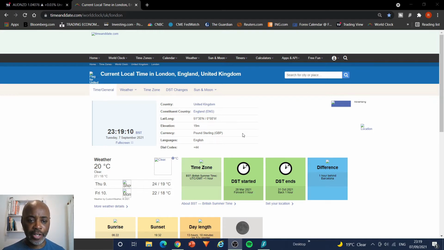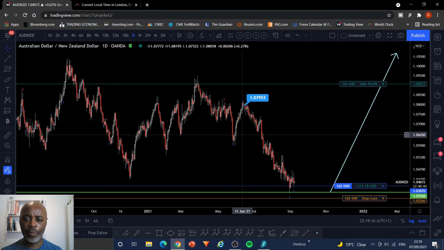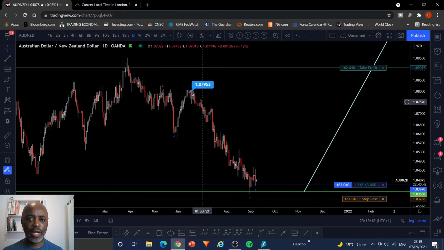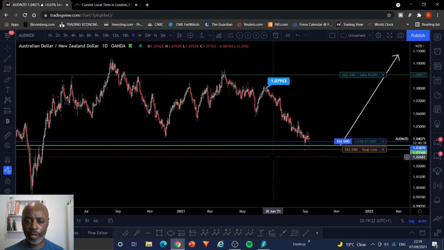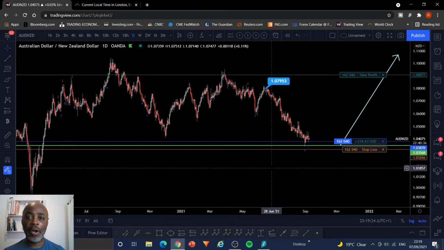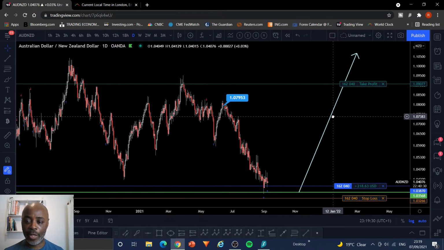Now, guys, let me jump across very quickly into these pairs because you've seen the video before, showing you that we've made some money here in the Australian dollar, New Zealand dollar. You know what my bias is longer term as far as the Australian dollar is concerned. As this arrow indicates, I'm looking for higher prices.